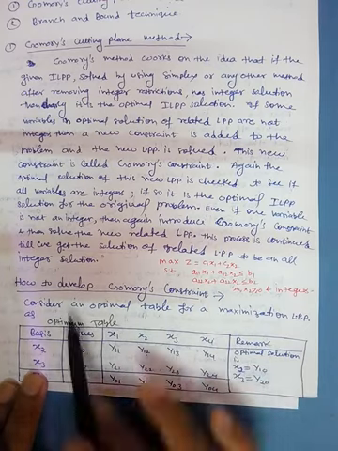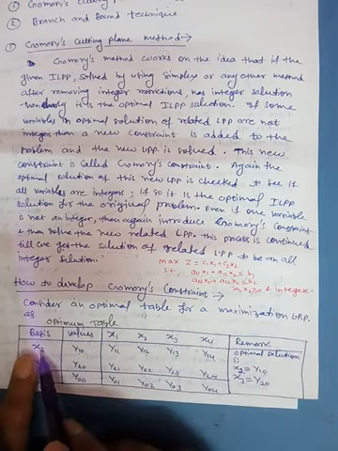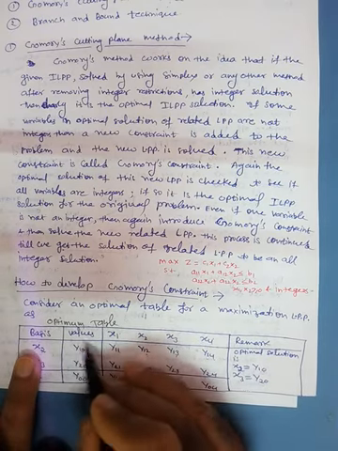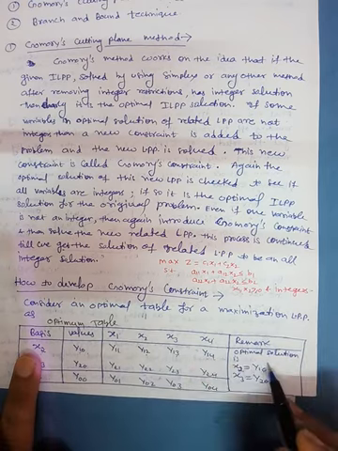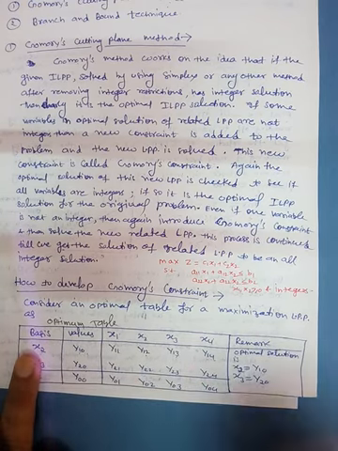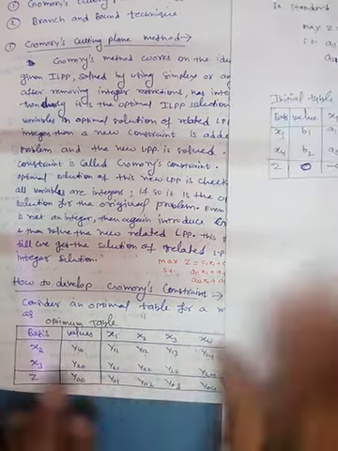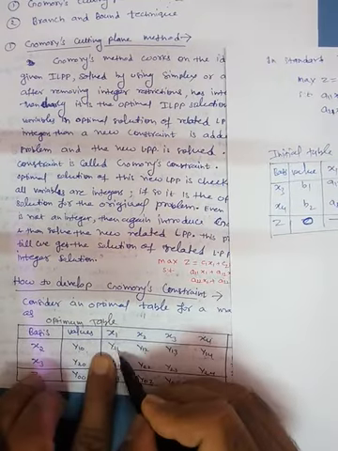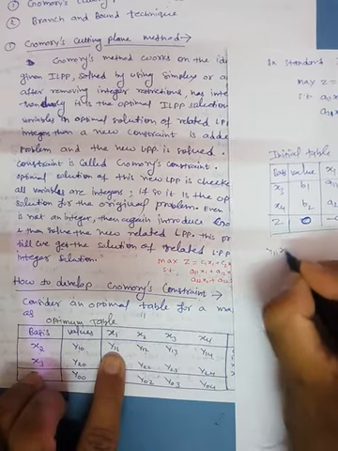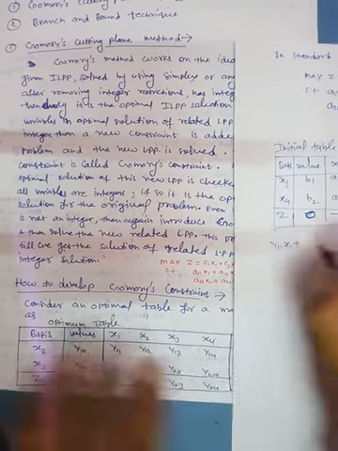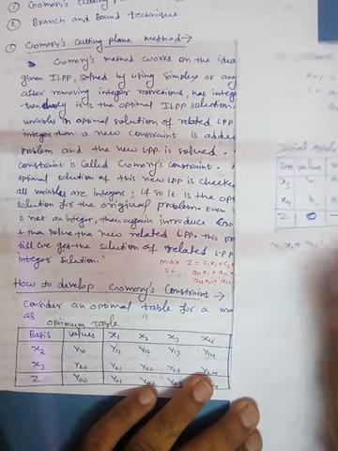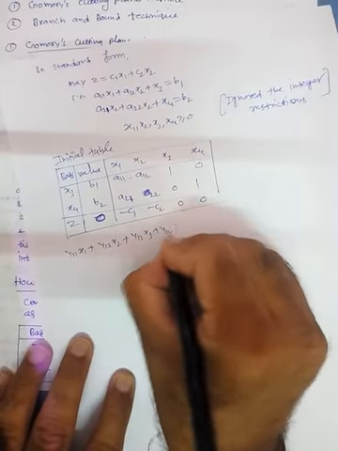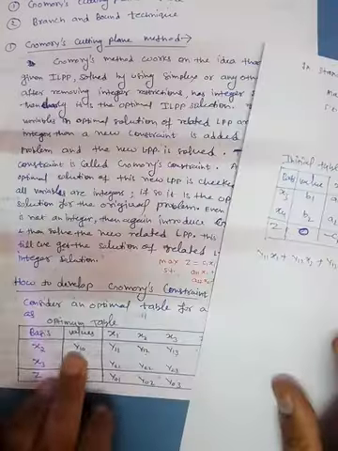To develop Gomory's constraint, first consider this equation, because y10 is not an integer. Since y10 is not an integer, we talk about the x2 equation. What will be the x2 equation? From this table the x2 equation can be written as y11x1 + y12x2 + y13x3 + y14x4 = y10 on the right hand side.